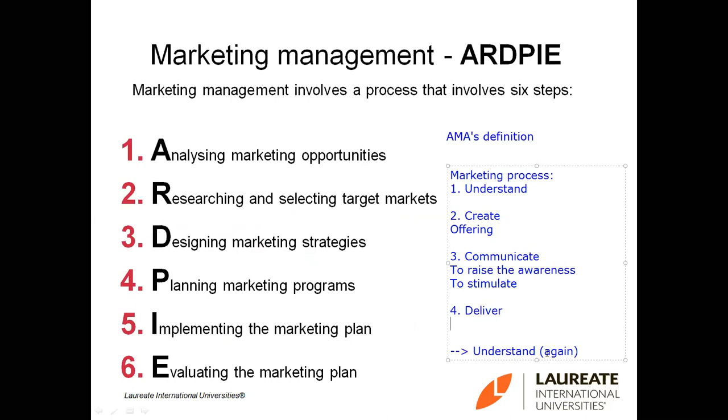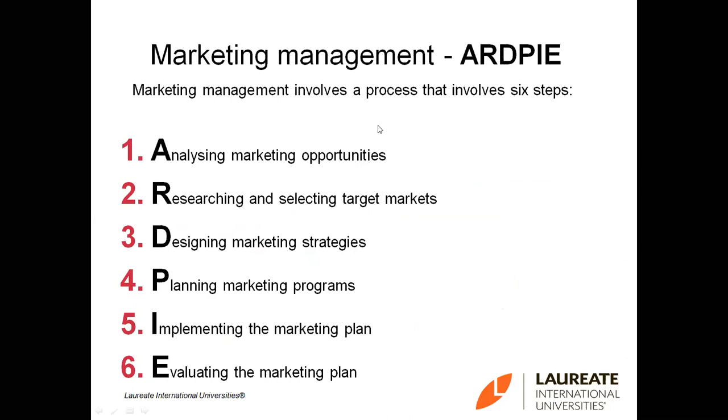And after that, we come back to understand again, because after we deliver, we should be able to learn something: what works, what doesn't work, okay? All right, so that's basically week one in a nutshell. Let me know if you have questions.